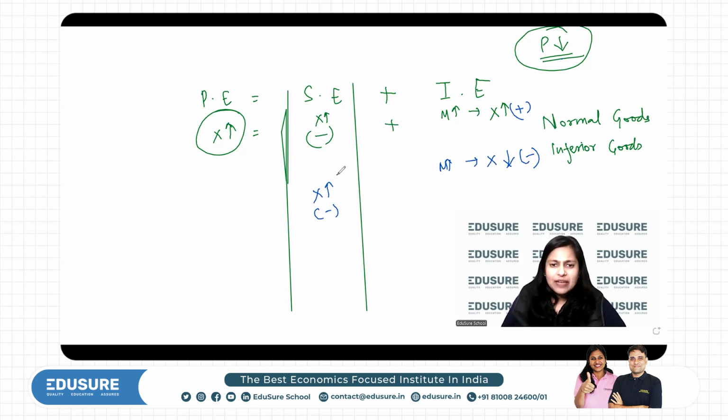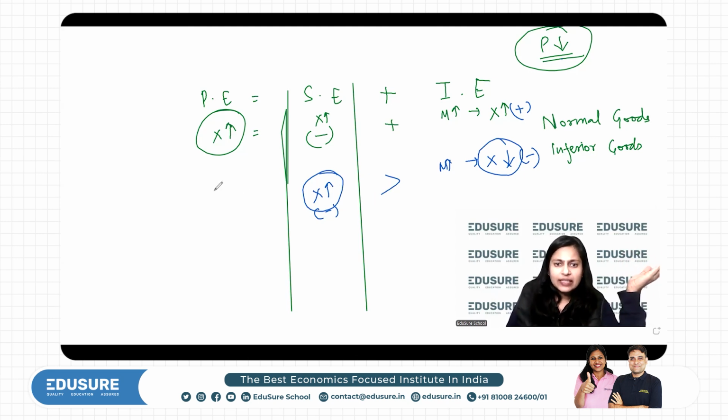Now, what happens is that when X rises because of the substitution effect and X falls because of the income effect, two things can happen. Either the strength of the substitution effect can be stronger. If the strength of the substitution effect is stronger, the net result is that the quantity of X increases. Of course, it will be less than what it was here.